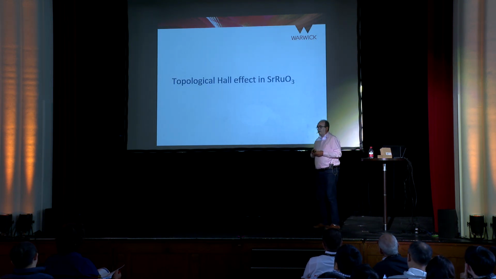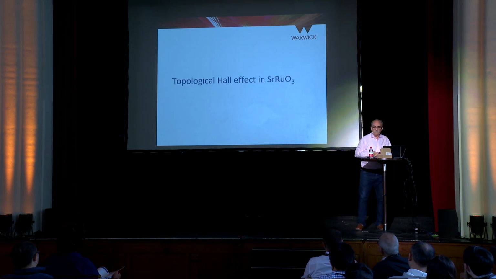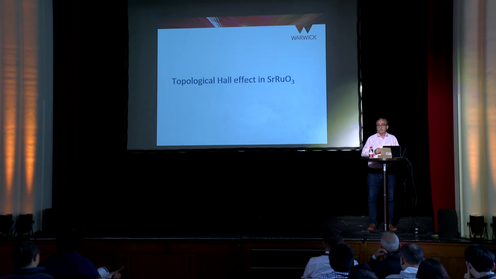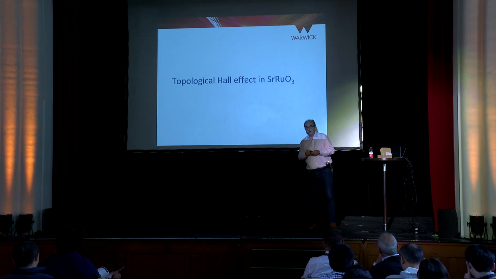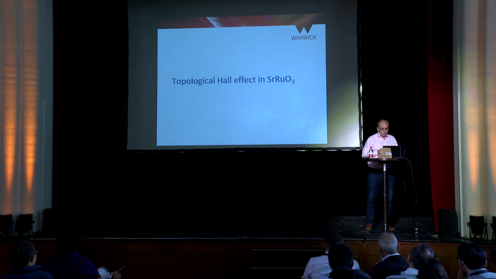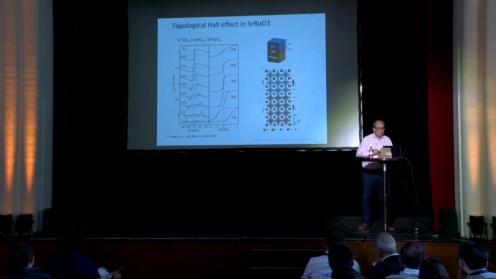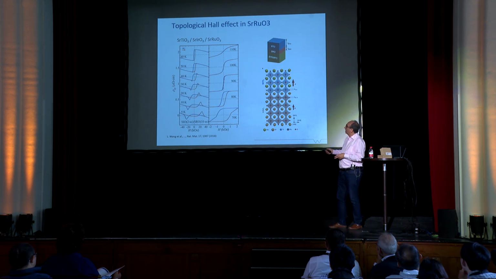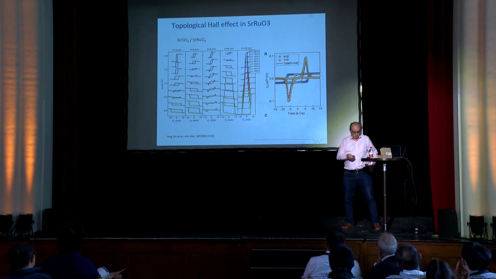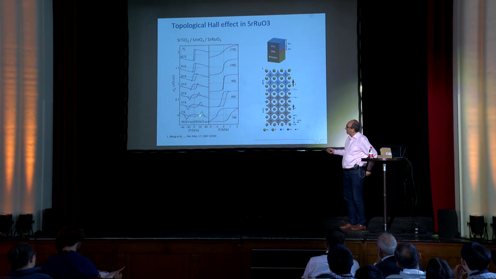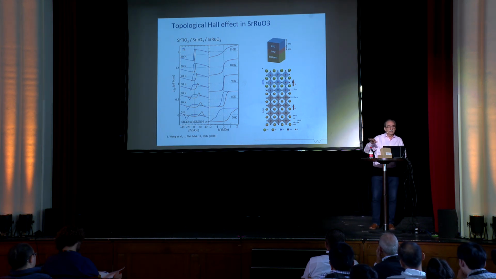The motivation of this work was mostly the topological Hall effect in strontium ruthenate. You may know that it's a ferromagnet below 150 Kelvin, and it's a perovskite, and it shows interesting effects, and one of those is exactly the topological Hall effect, which is mostly signed by these humps here in the Hall effect.